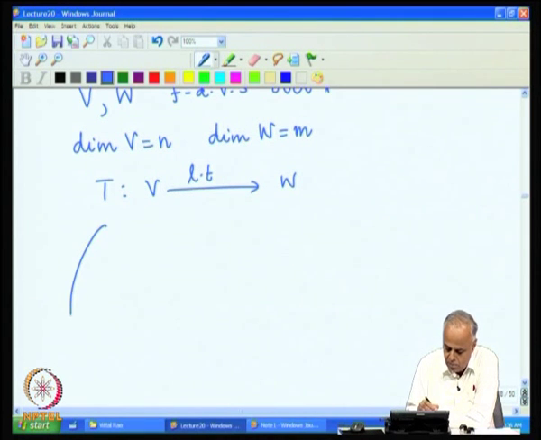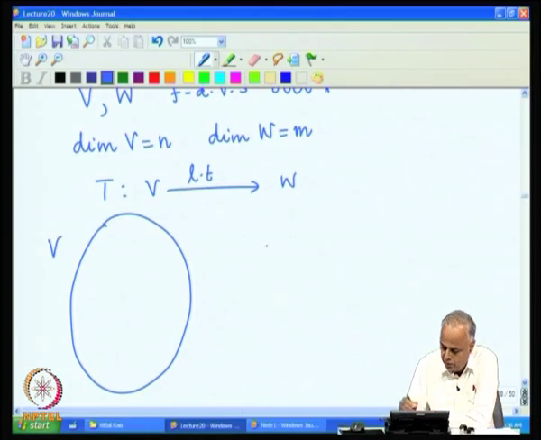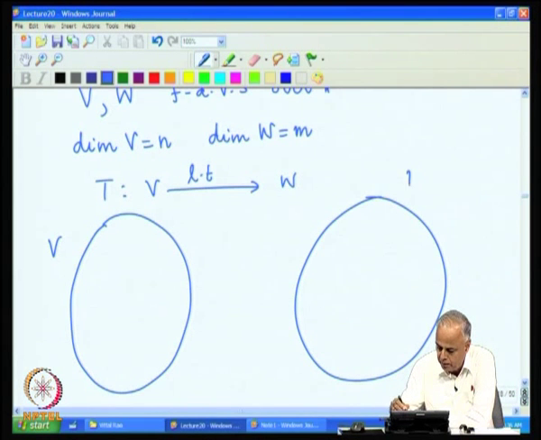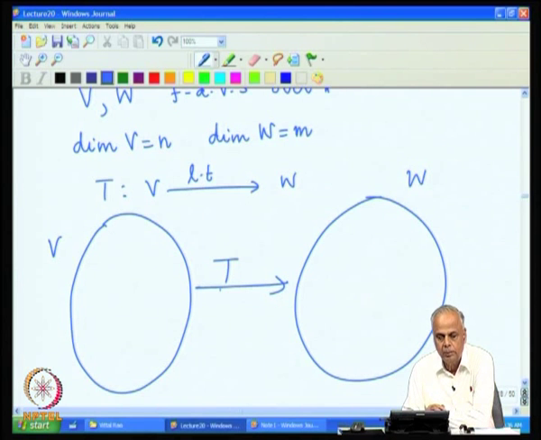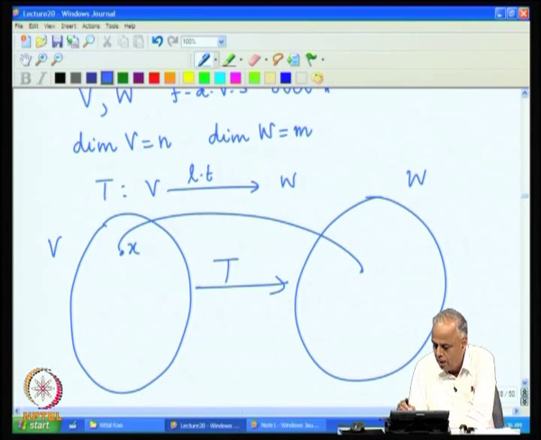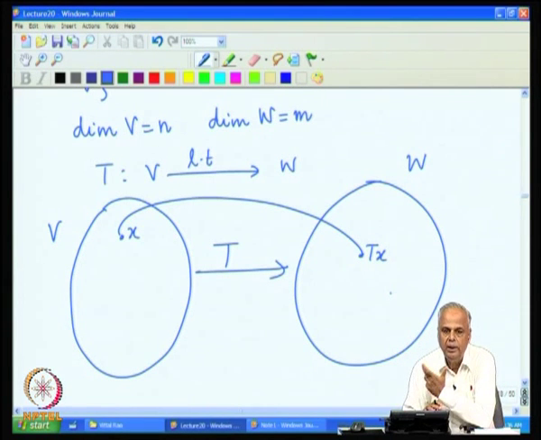So, we have the vector space V and the vector space W, and T is a linear transformation from V to W. What does T do? T takes a vector x and maps it to a vector T x here. So, we can think of T as a coding. It codes a V vector as a W vector.